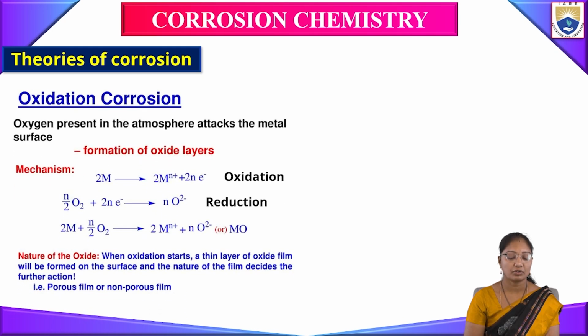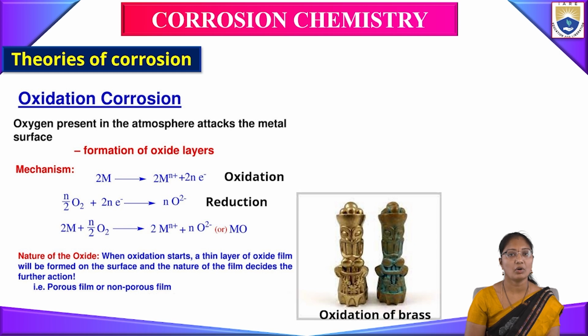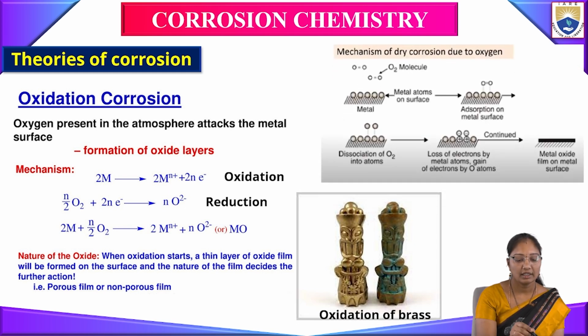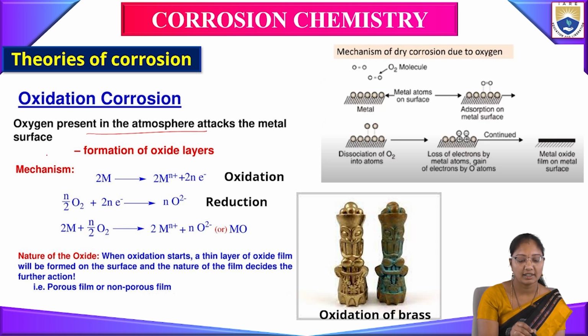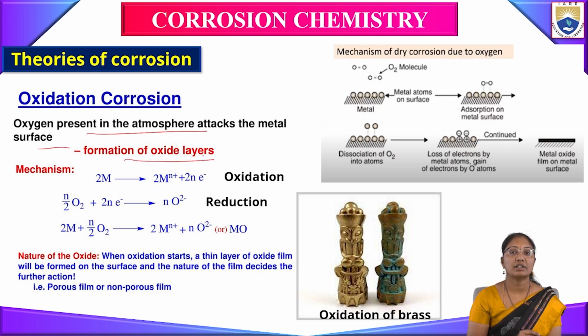So the first is oxidation corrosion, which is due to the attack of oxygen. The oxygen present in the atmosphere attacks the metal's surface, resulting in the formation of oxide layers on the metal surface. We can see the oxygen molecules go and attack the metal surface.